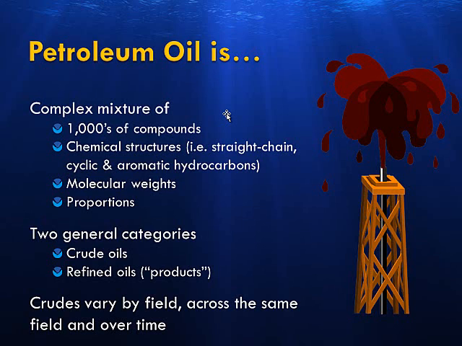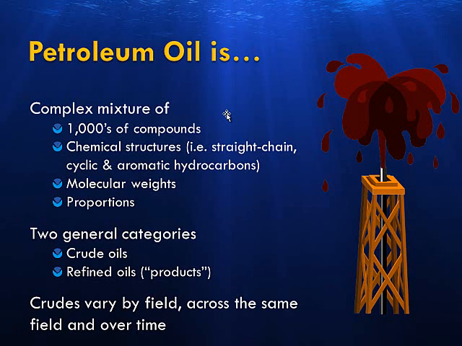And kind of like what I said about the different proportions, you can have variations in oil chemistry across different fields. So a Saudi Arabian crude is very different from a South Louisiana crude, is very different from a Carpinteria crude, is very different from Alaska North Slope crude because the proportions of the chemical mixtures in there are different.